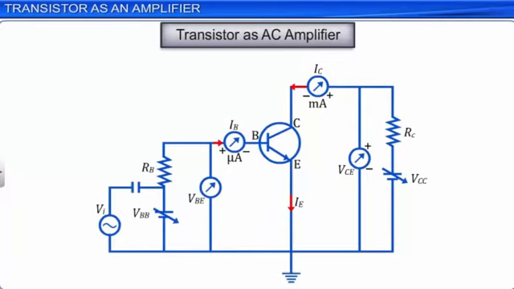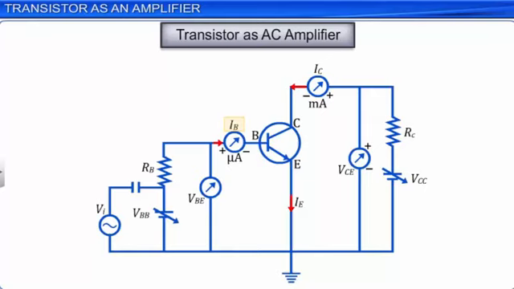An AC sinusoidal wave representing input voltage VI superimposes over the supply voltage VBB for the base emitter circuit. The input AC voltage VI causes sinusoidal variations in the base current IB. The sinusoidal variations in the base current IB introduce corresponding sinusoidal variations in the collector current IC.